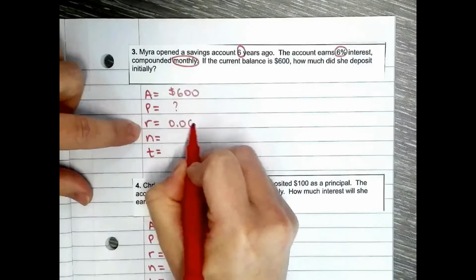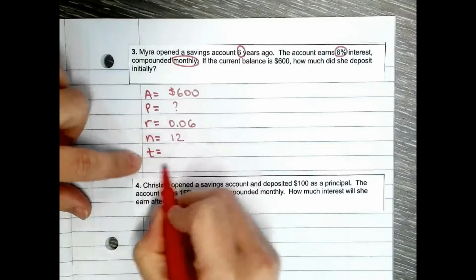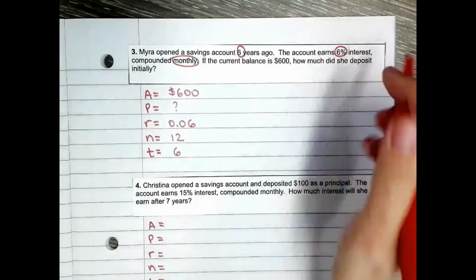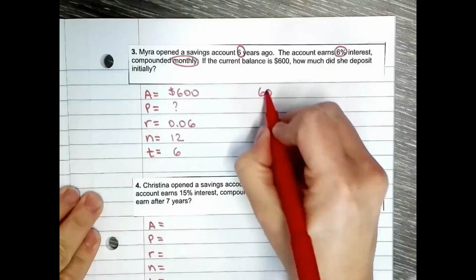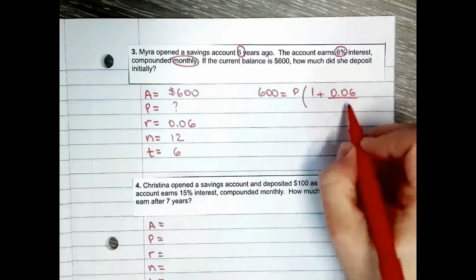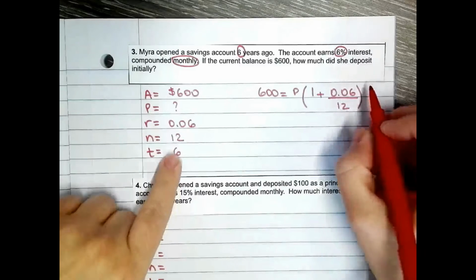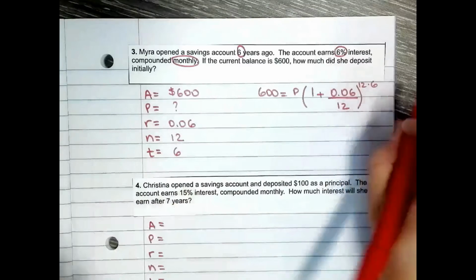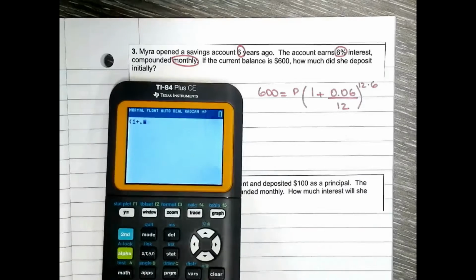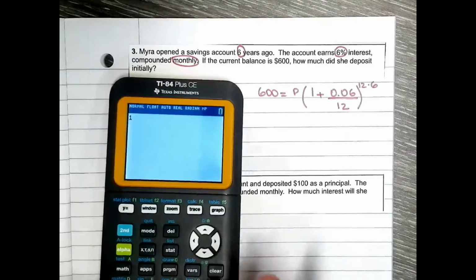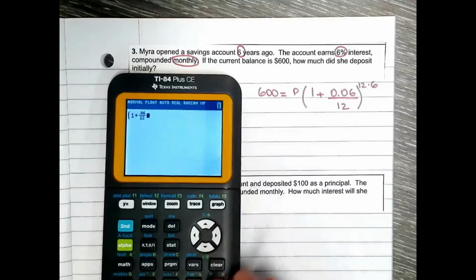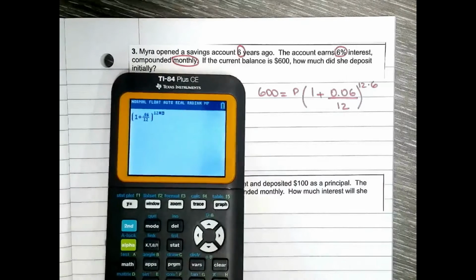Rate, and T is 6. Raised to the power of N T. So 600 equals P times 1 plus 0.06 over 12, raised to the power of 12 times 6.